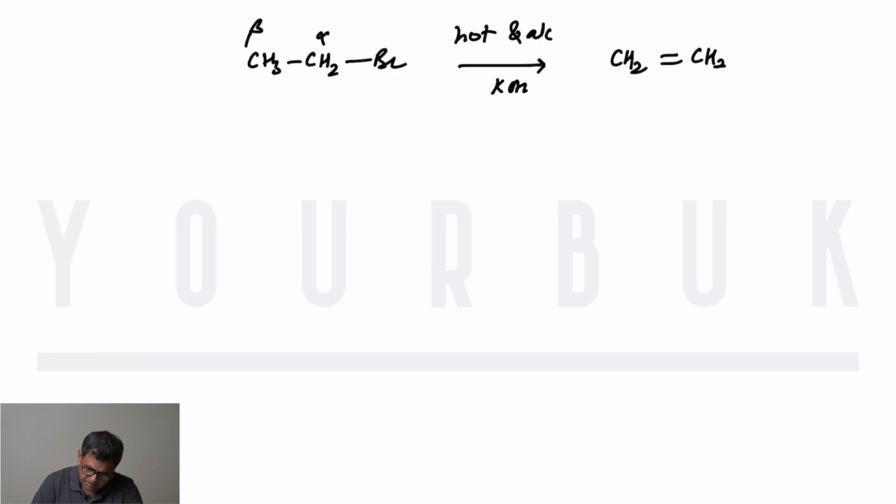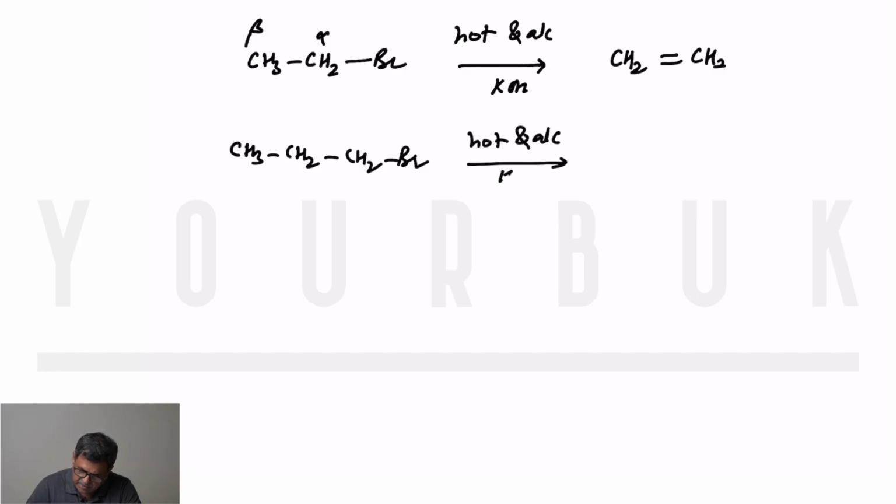Now the second example, this is 1-bromopropane. It's hot and alcoholic KOH again. Now this is the alpha carbon and only one beta carbon is present. Again, only one alkene, called propene.